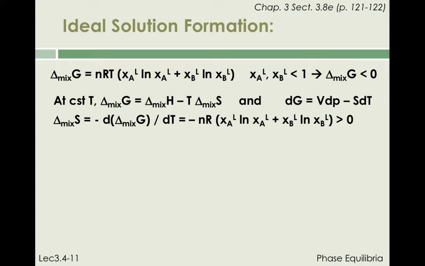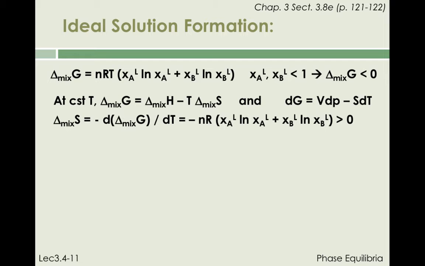Since the terms XA liquid and XB liquid are less than 1, their natural logs are negative and delta mixing S is positive, which indicates that mixing leads to an increase in disorder.